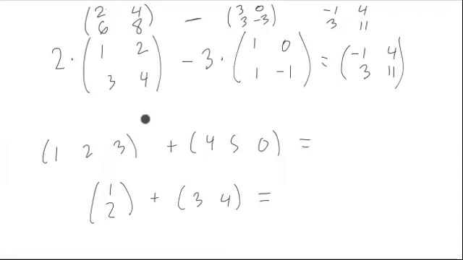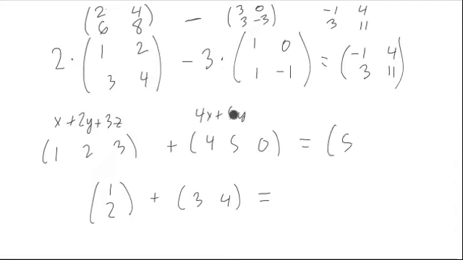What about this? This is just another example. We can have this matrix plus this one. This is the same as adding one expression to another expression. So this is like x plus 2y plus 3z, I think. And we're simply adding 4x plus 5y plus 0z. And so the x and 4x will become a 5.